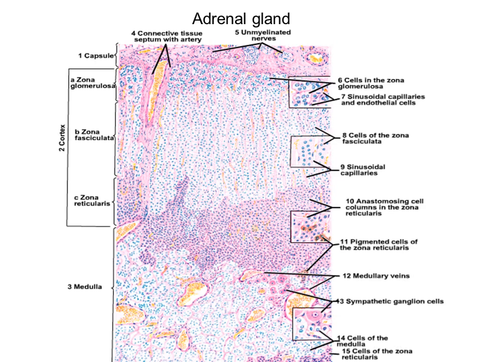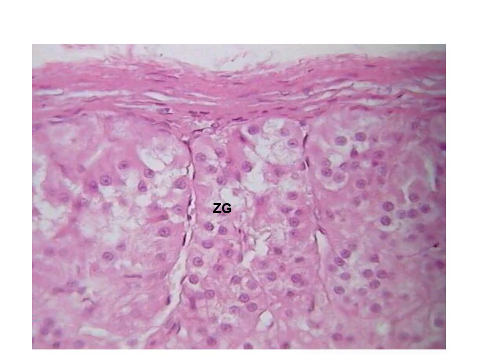The amount of secretions present in the fasciculata is the maximum. The zona glomerulosa cells secrete the mineralocorticoids, and they are smaller cells as compared to the cells of the zona fasciculata, and they are either columnar or pyramidal in shape.